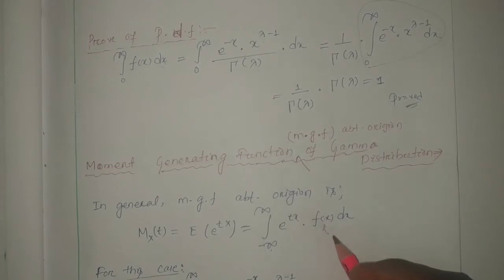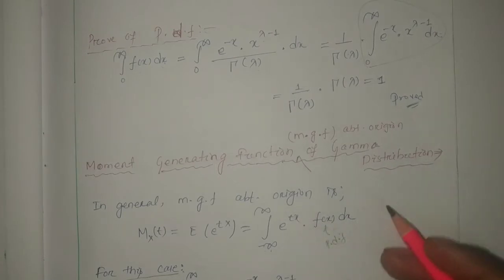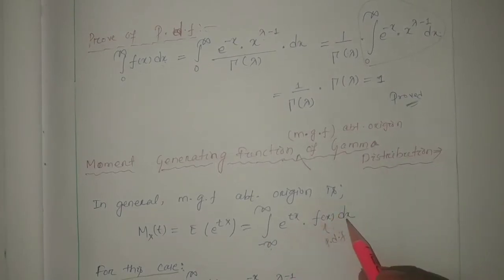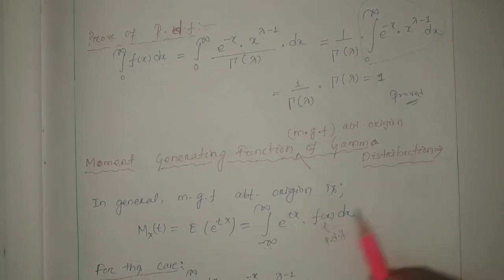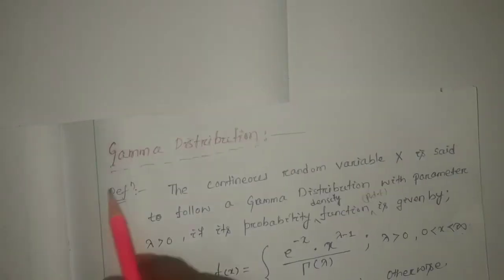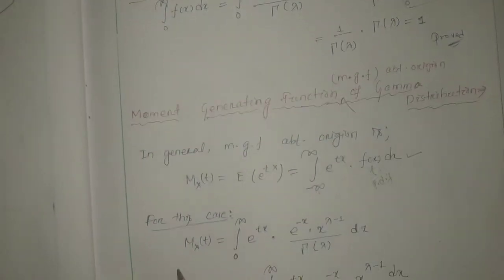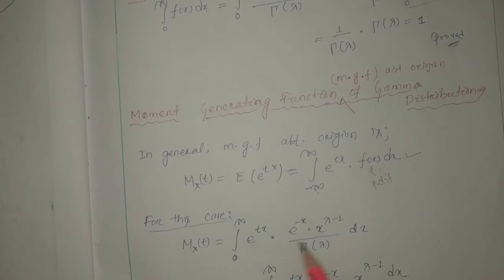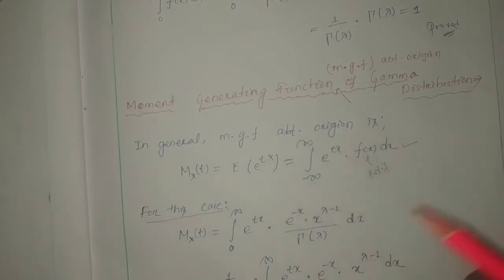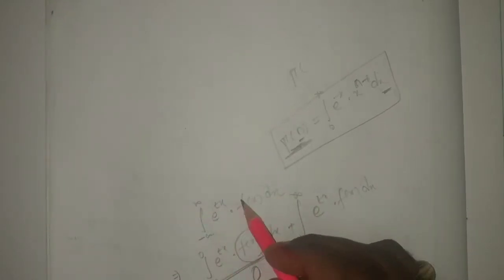This f(x) is the PDF for a continuous distribution; for a discrete distribution it is called the PMF, the probability mass function. In general it is like this, but for the gamma distribution x varies from 0 to infinity, so M_x(t) is the integral from 0 to infinity of this.